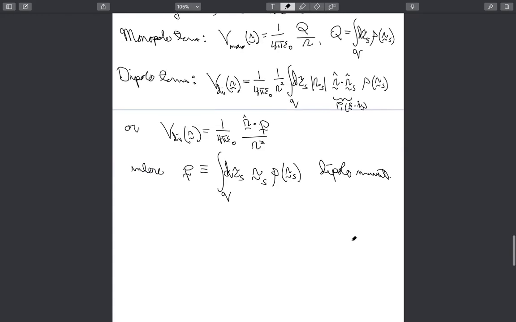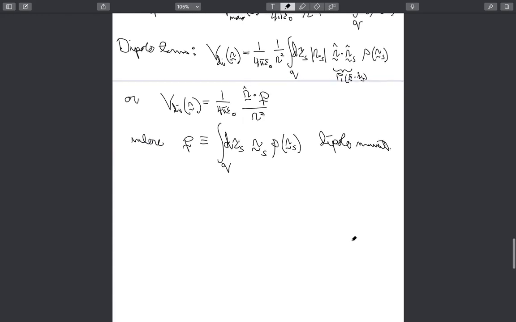Okay, so you already know how that goes. Of course we don't have to stop there, right? We can also carry on. So another rather typical term is the next one, which is the quadrupole term.